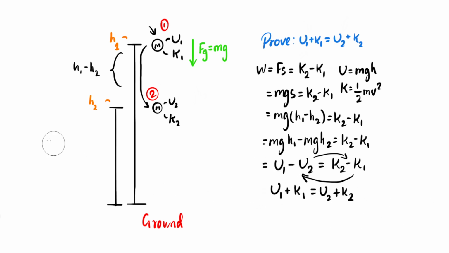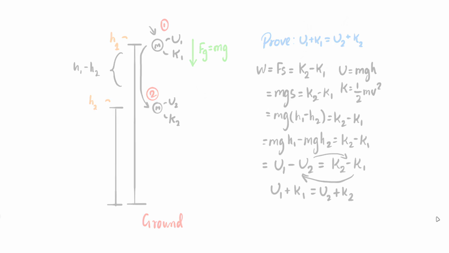So that's it. We proved it. The mechanical energy, the total energy of this object at this height, is equal to the total energy of this same object at this height. The total net energy is conserved in the two scenarios, assuming these are the only two energies on the object and with one force, which is the force of gravity.